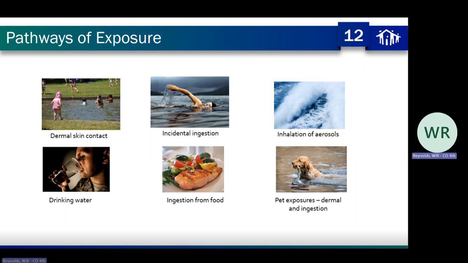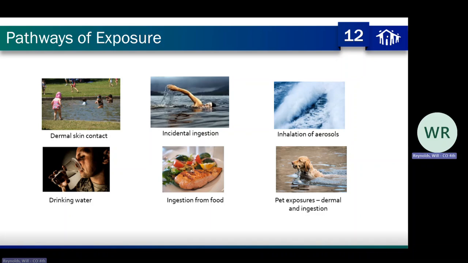You might ingest it in the form of food. Again, with fish in particular, it tends not to accumulate as much in the meat, but it can still be present. And so it's important to be aware when fishing that you should just always be on the lookout for HABs and consider whether or not you want to ingest the fish or whether you would prefer to catch and release should you be concerned that there is a significant HAB in the area where you're fishing.